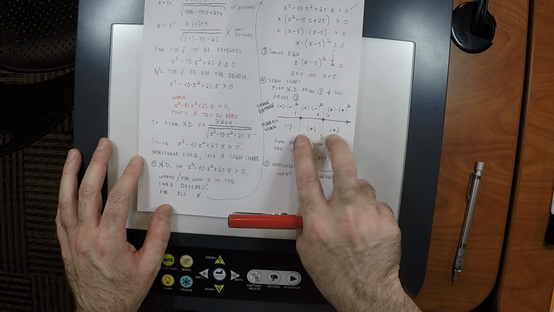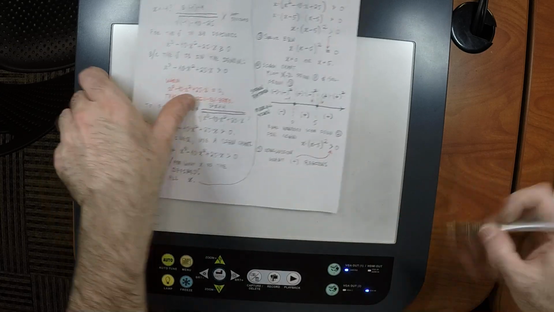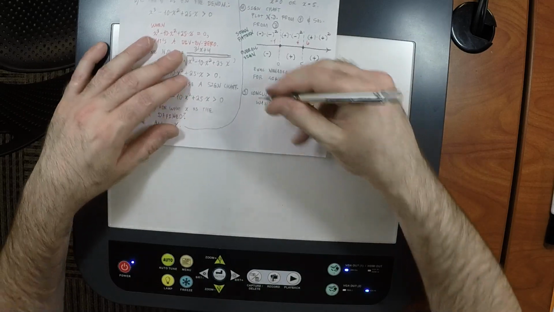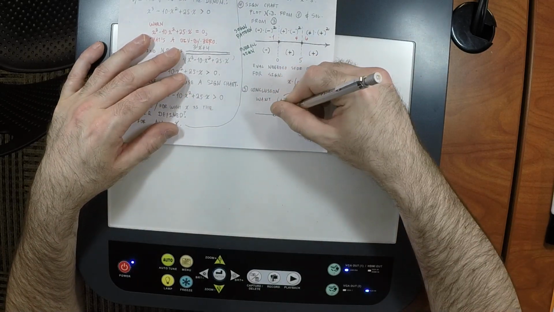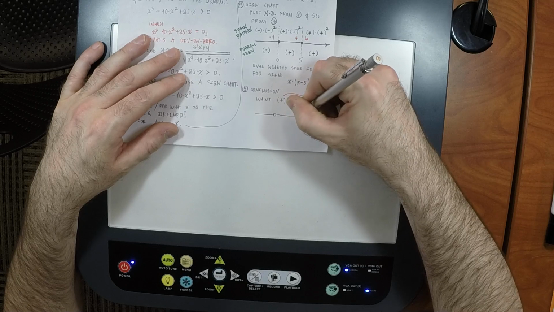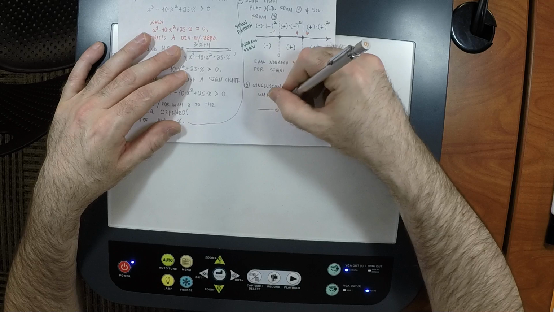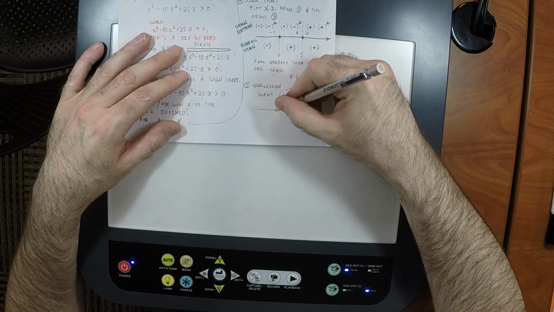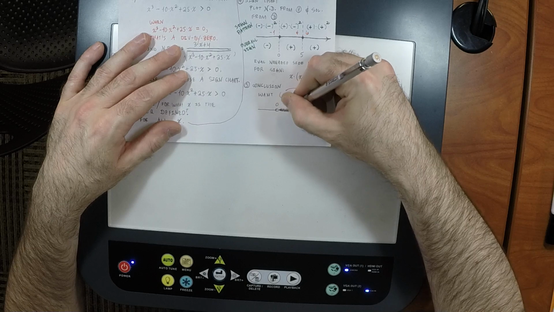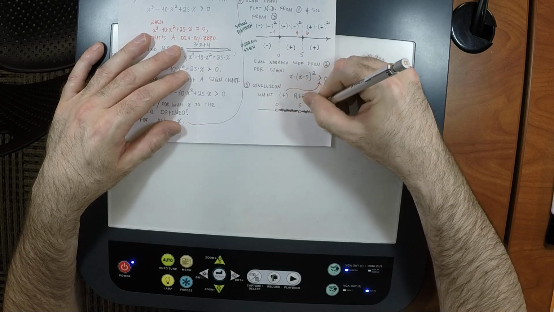All right, and you can see that there are 2 positive regions. Okay. So I'm going to draw that. So we've got 0 and 5, and we're saying we definitely want the stuff between 0 and 5, and we definitely want the stuff beyond 5.